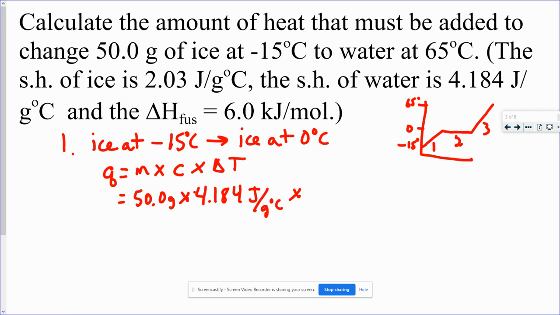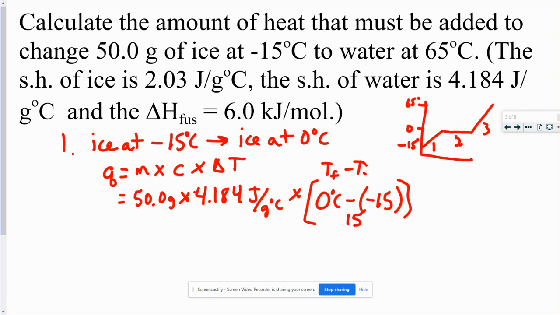And my change in temperature is always final minus initial for change. And it's going to have to stop at 0 degrees, and it was negative 15 degrees. So my temperature change is 0 minus negative 15, which is positive 15 degrees.